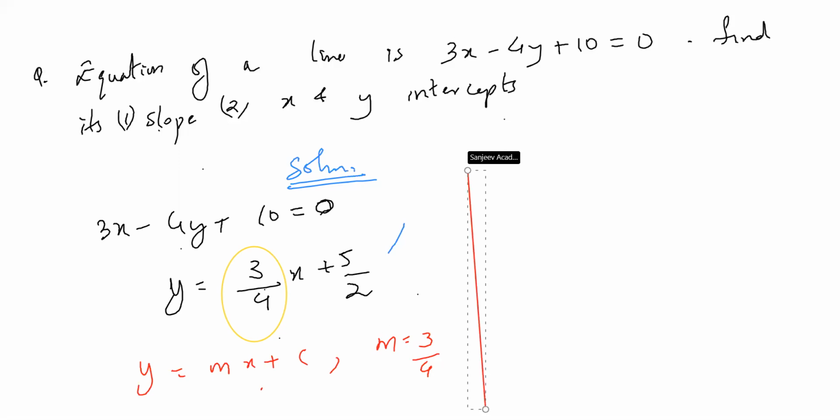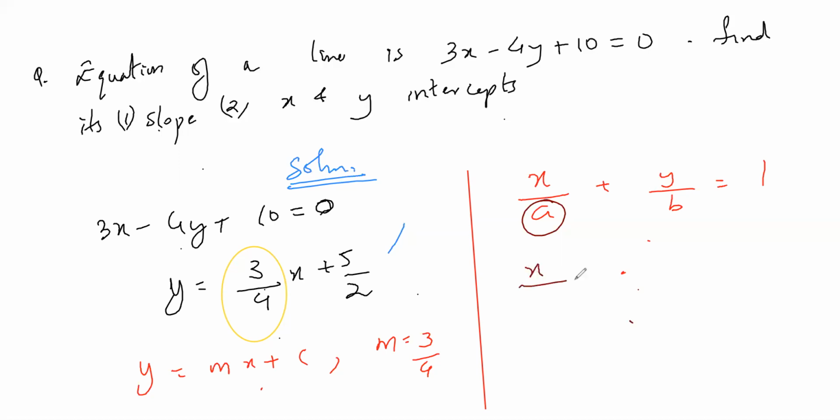Slope is done. X and y intercept. So I just find what? A and B. X by small a plus y by b is equal to 1. I have to find a and b here respectively, which is very easy for me to find. A, how do I find this particular A? When I put b value is equal to 0. That's it.